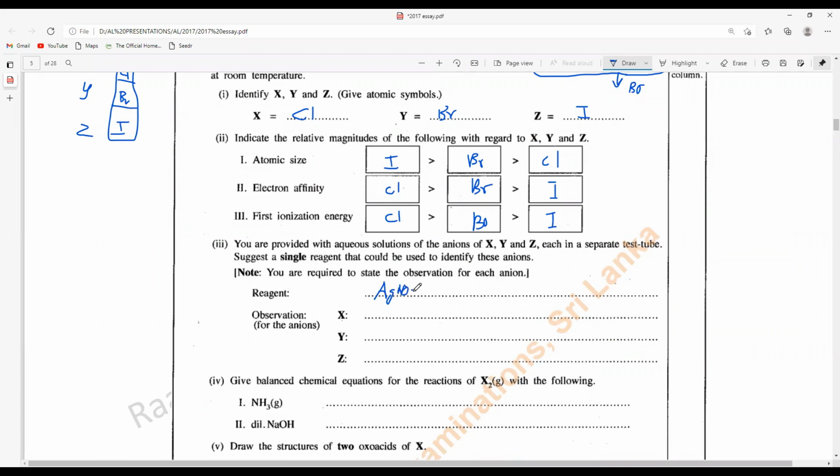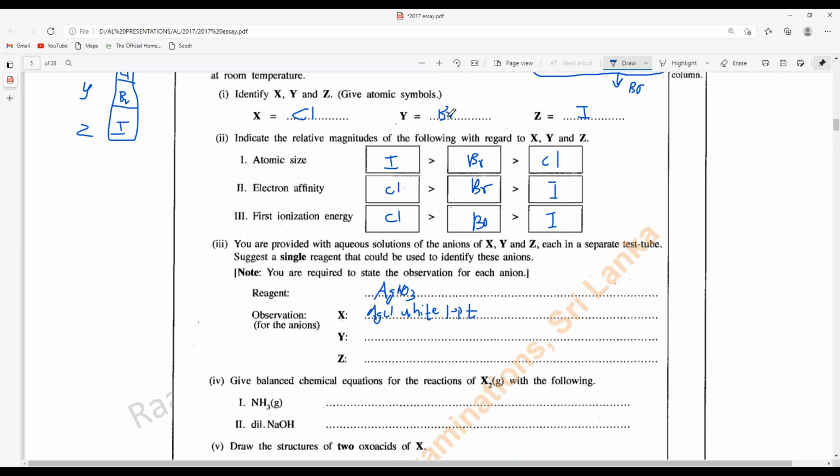If you add silver nitrate, you have to mention the observation. For X, which is chlorine, there will be AgCl, a white precipitate is formed. You have to mention that a white precipitate is formed.